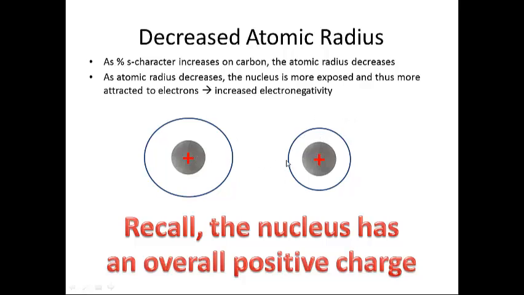If the radius decreases, that means that the nucleus is now more exposed, so the plus charge in the nucleus is more exposed. And you know that that plus charge is looking for something with a negative charge, in this case an electron. So it's more attracted to electrons, and therefore we see increased electronegativity for sp hybridized carbons because of the decrease in atomic radius.